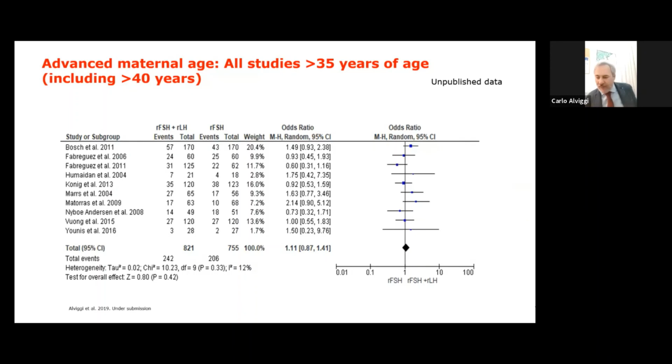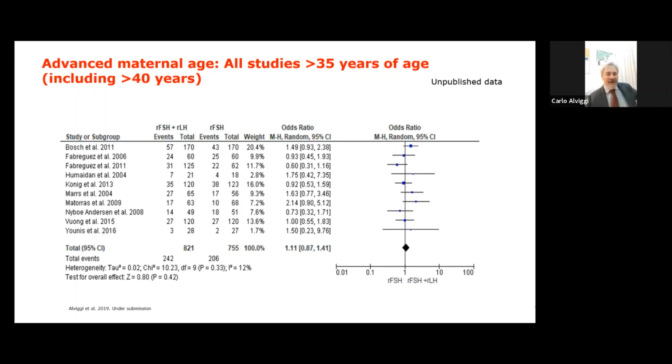So up to 40 years of age, it is clear from the evidence that the association of recombinant FSH and LH improves ongoing pregnancy rate. But if you analyze trials including patients above 40 years of age, it is more difficult to see the effect of recombinant LH. The impact on ongoing pregnancy rate disappears.